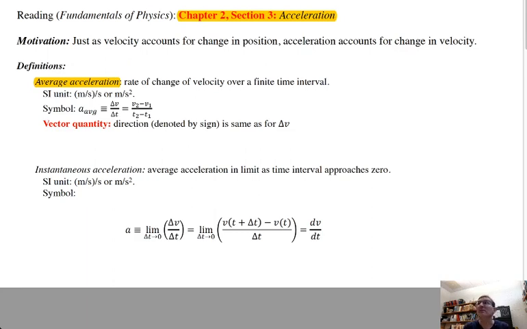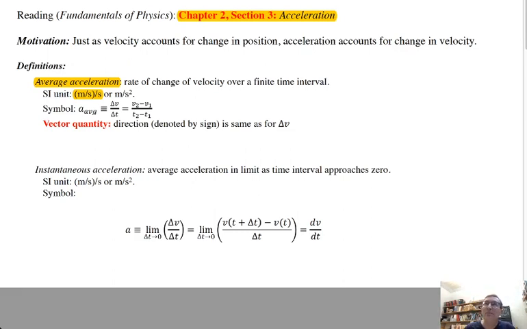The SI unit for average acceleration is the unit of velocity change divided by the unit of time, or time interval. Well, we know from the previous lecture that the unit of velocity, and therefore velocity change, is meter per second, and the unit of a time interval is second. So the SI unit of average acceleration, technically speaking, is meter per second per second. But one of the things you want to get used to is the fact that units obey the same rules of algebra as symbols.